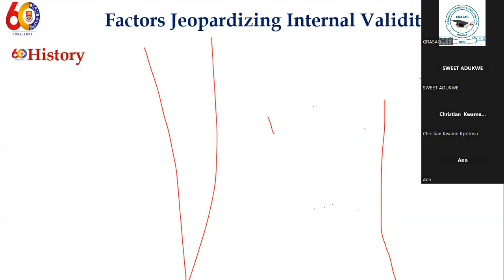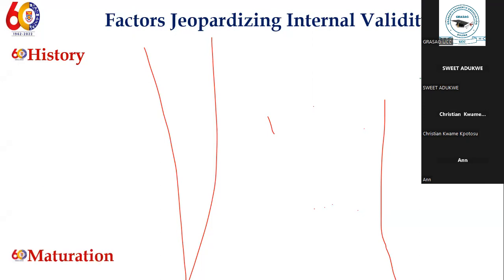But whatever performance or behavior you exhibit on that post-test, you will see that it is your preparedness for the post-test as a result of your pre-test. Anything that has happened between the pre-test and the post-test is what caused changes, but not the intervention itself. So as a researcher, you need to be mindful about some of these things.